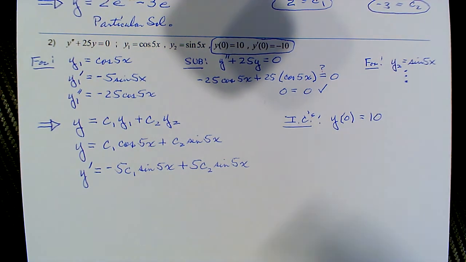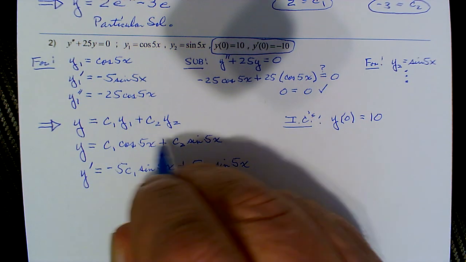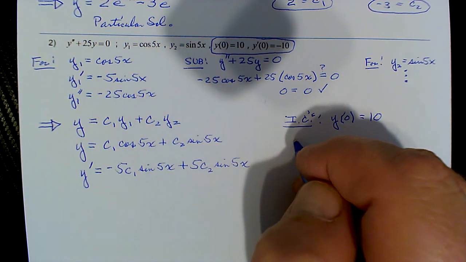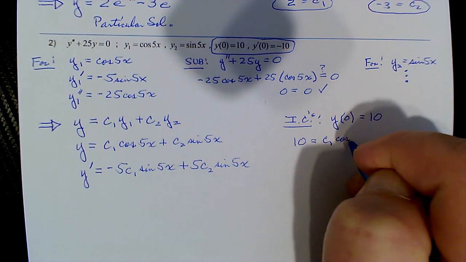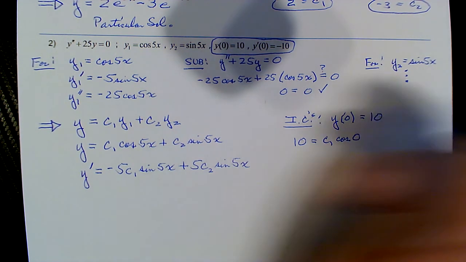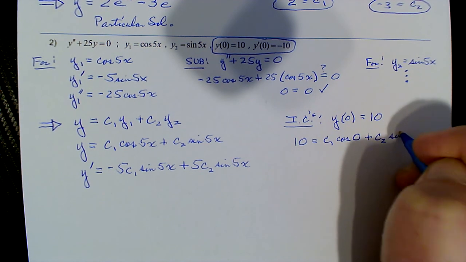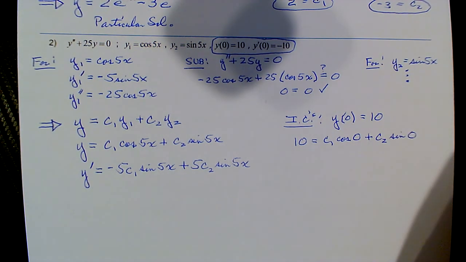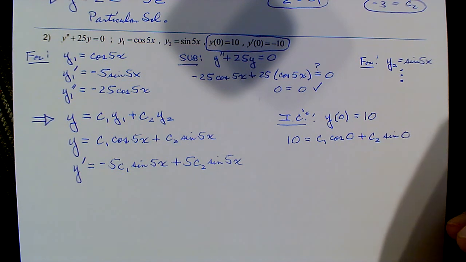Again, I apologize for the earlier mistake. And one thing about sines and cosines, when we make this substitution, I'm going to show it literally into the function y. We have 10 is equal to C1 cosine of 0, because 5 times 0 is obviously 0, and then plus C2 sine of 0. And you could use your calculator or think of the unit circle or think of the graphs of the trig functions.